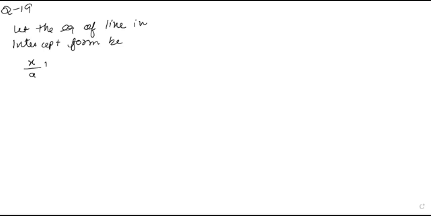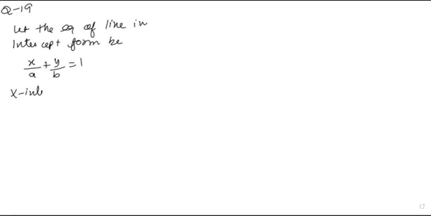Let's try to understand the 19th question. Point R (h, k) divides a line segment between the axes in ratio 1 is to 2. Find the equation of line. So I will assume, let the equation of line in intercept form be x by a plus y by b is equal to 1.